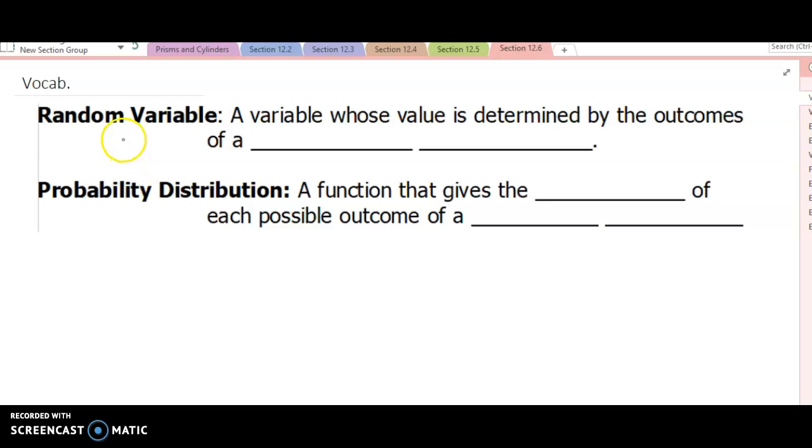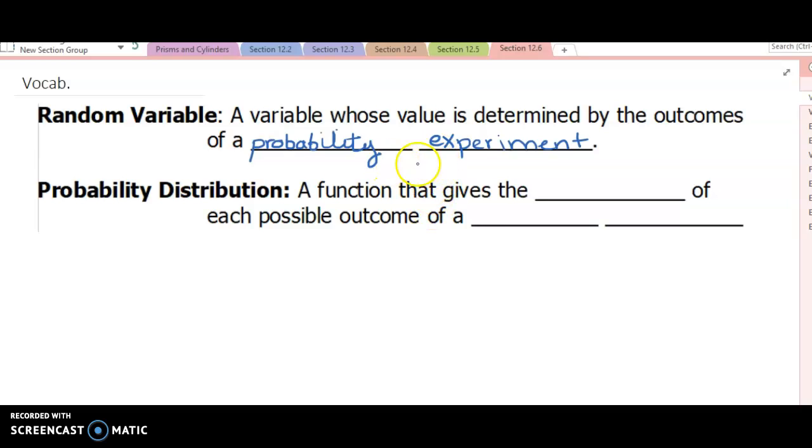Alright. So, a couple vocab words, a random variable. A random variable is just a variable whose value is determined by the outcomes of a probability experiment. Now, when I talk about a probability experiment, remember you could get different results from a probability experiment than you do from a theoretical probability, right?